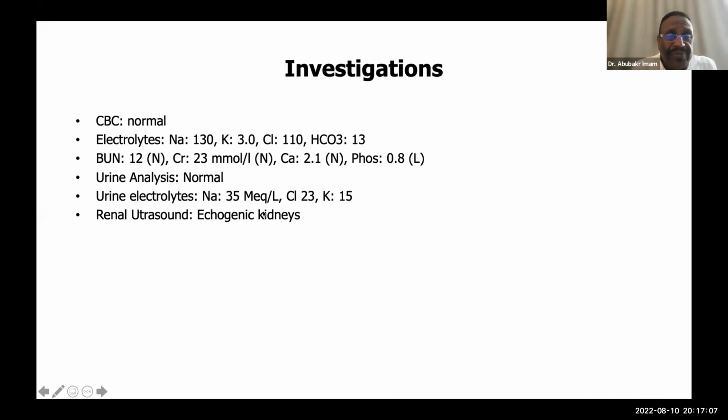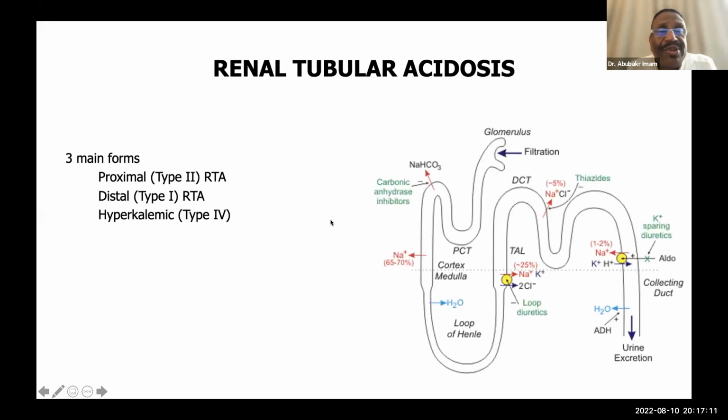This patient is presenting with renal tubular acidosis, and there are 3 forms of renal tubular acidosis that I'm just going to discuss with you. The proximal part is called type 2 RTA. A lot of people wonder why the proximal is called type 2. They like to confuse us.